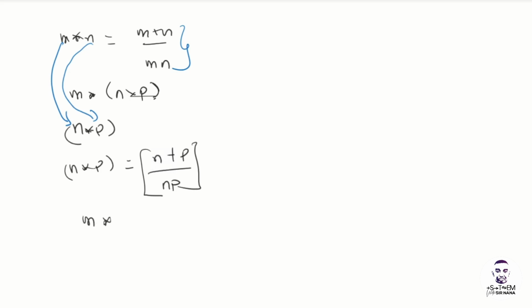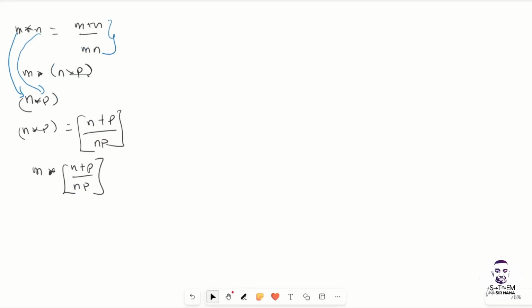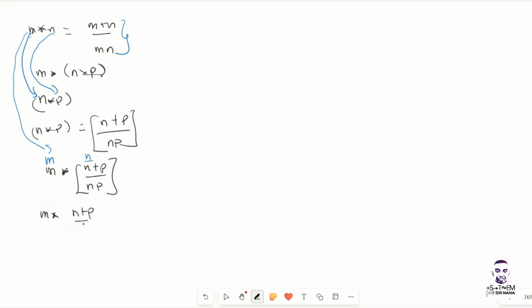So we'll have m operation (n plus p all over np), right? And this time as well, wherever we see our m, we'll put our m there, and wherever we see our n, we'll replace it with this whole thing, n plus p all over np, in the operation. So m operation n plus p all over np will become m plus p all over np, right?